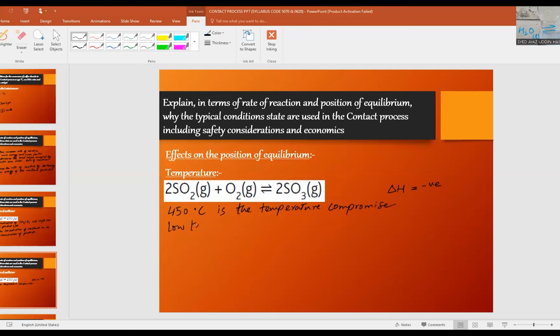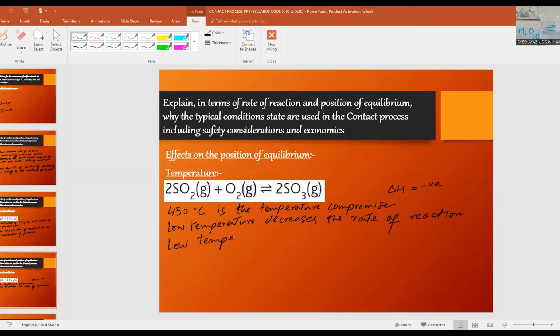Low temperature decreases the rate of reaction. But you can write that low temperature will shift the equilibrium to the right hand or product side.